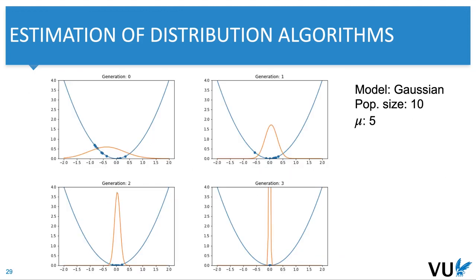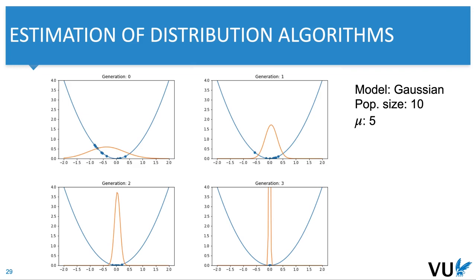And how does it work? Here is a very simple model. Let's say that we have a quadratic function. In the top left plot, the blue line is our quadratic function, our objective, and at the same time we can say that this is our fitness function.